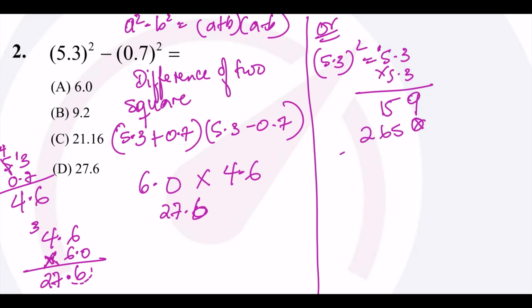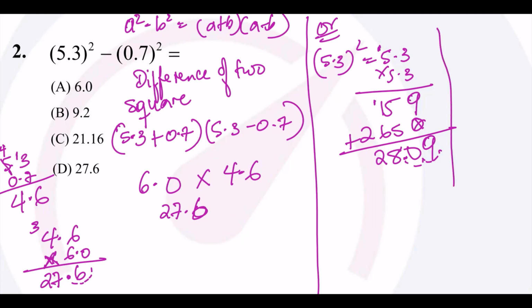Let's add. So we have 9. Then 2, 5, 10, carry 1. 6 and 1, 7 and 1, 8. And we have 2. So 2,809. However, we haven't put in our decimal point. It's 2 decimal places, so we get 28.09.